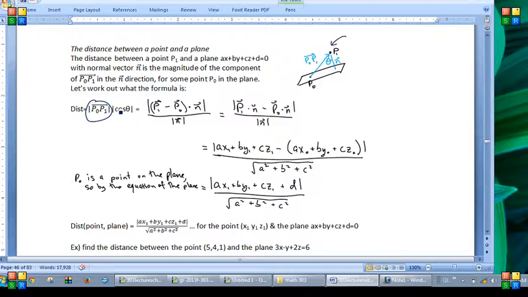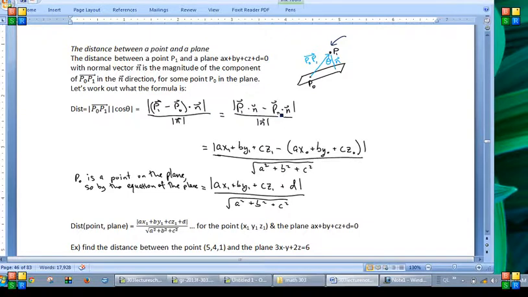So the formula works out like this. That vector is p1 minus p0. And then I'm going to split that up. So p1 minus p0 dot n, you split that up into two parts. It's just p1 dot n minus p0 dot n. And now we break it down into the components. So p1 is our point x1, y1, z1.